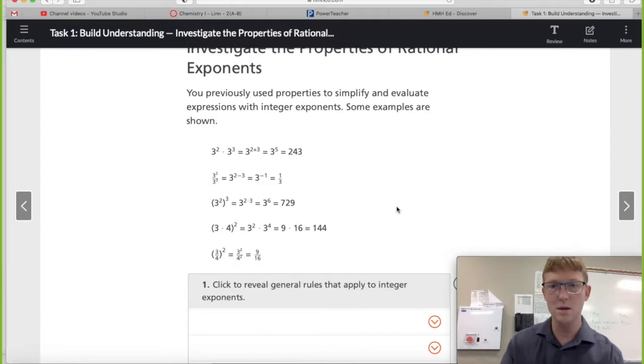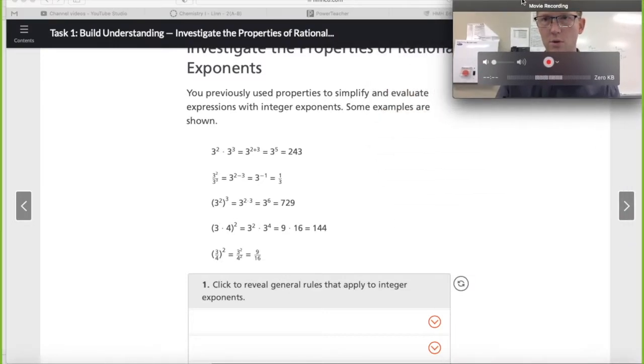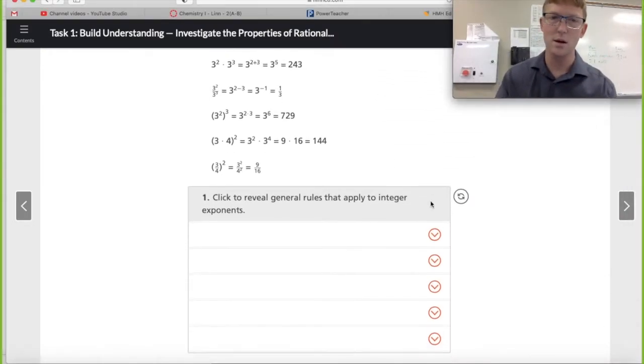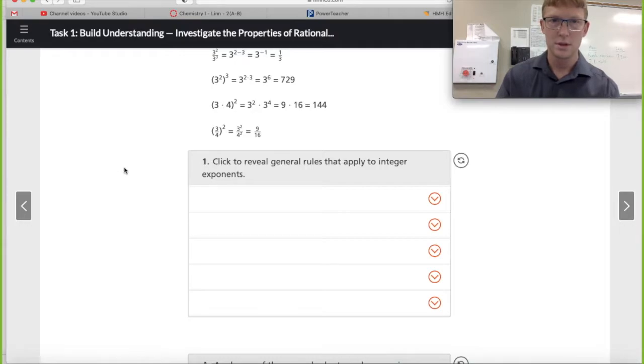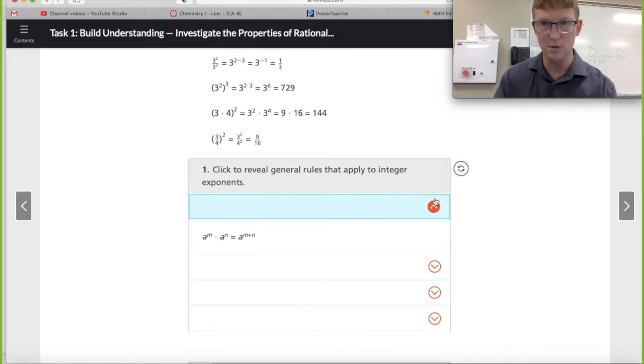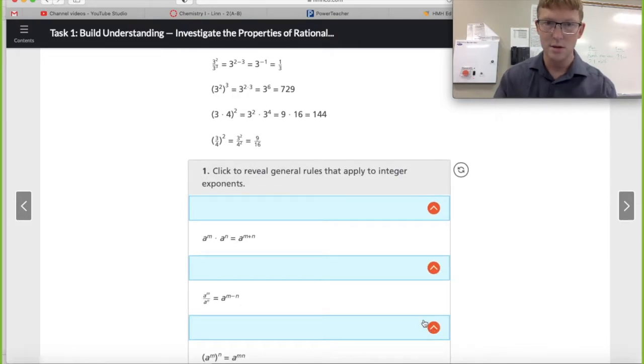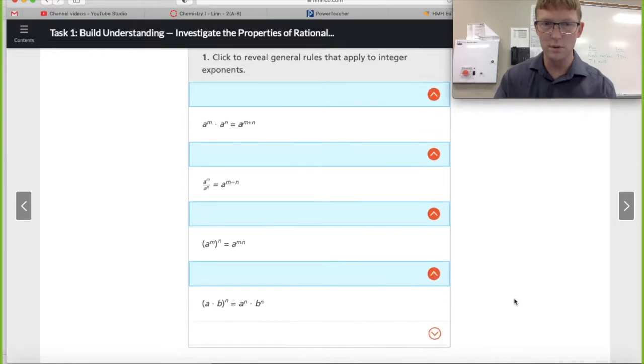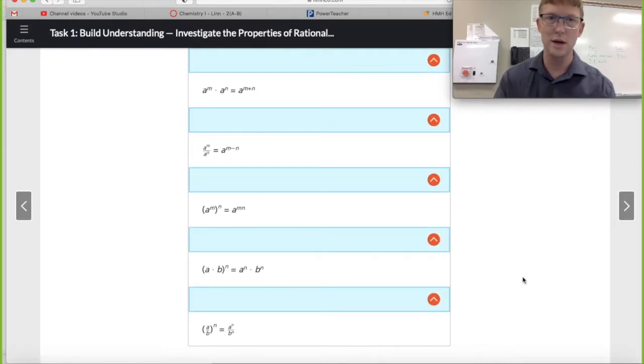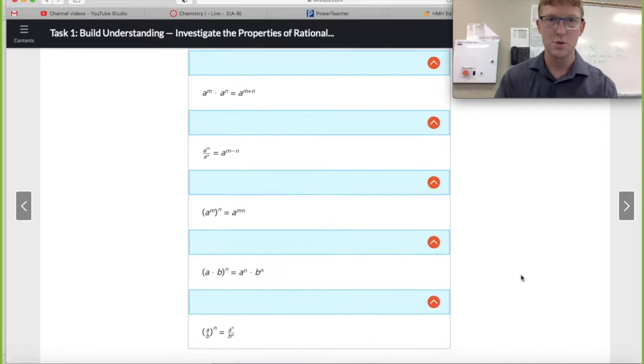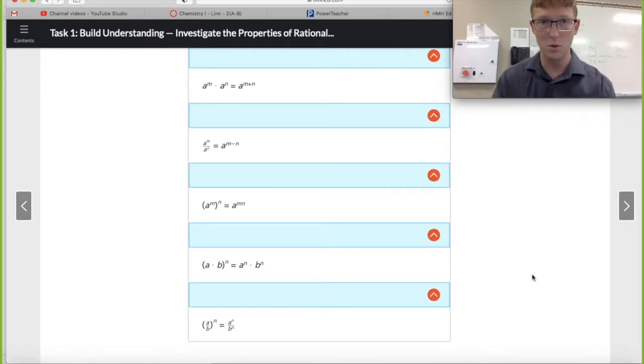Okay, so then they are, of course, going to ask, hey, we have a pattern here. Click to reveal general rules that apply to integer exponents. So you can actually expand these rules to any integer exponents. So this is basically right here what we're doing in this lesson.